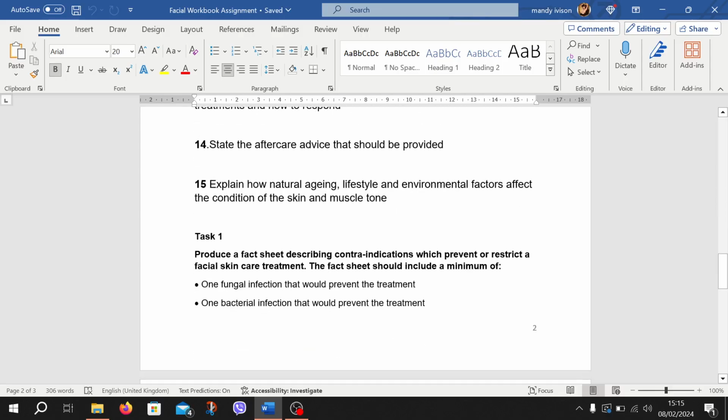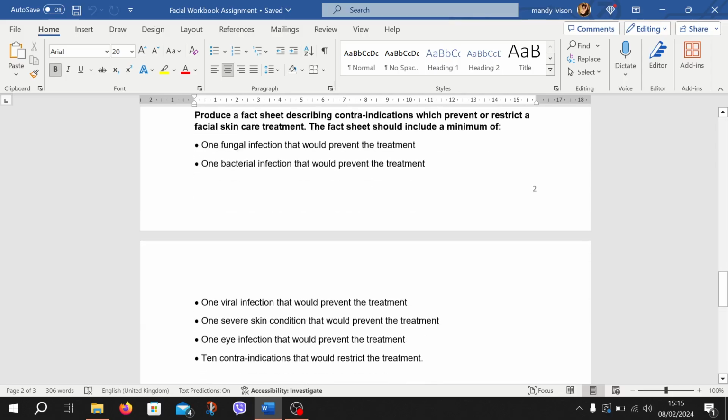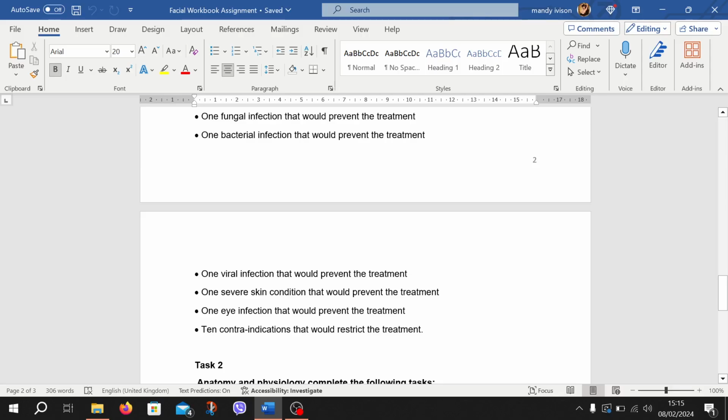So it just wants you to do like a little fact sheet that you could actually pop out to clients, okay? So you need to include a minimum of 1 fungal infection, 1 bacterial infection, 1 viral, 1 severe skin condition, 1 eye infection, and 10 contraindications that would restrict the treatment.